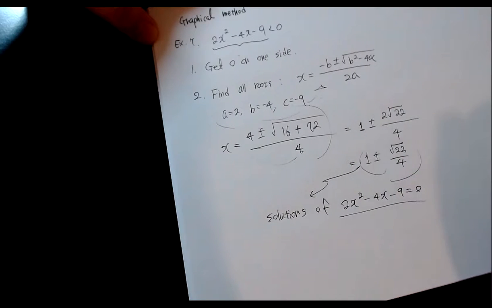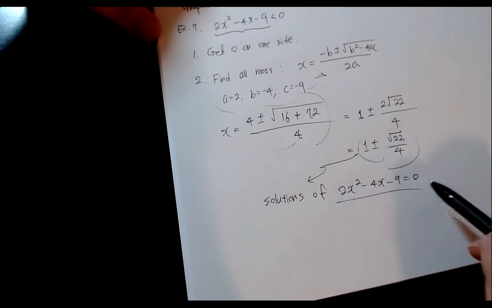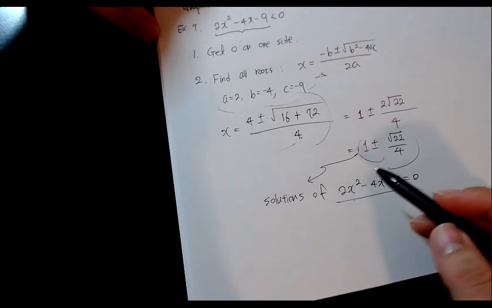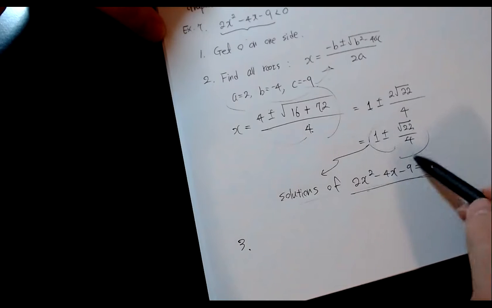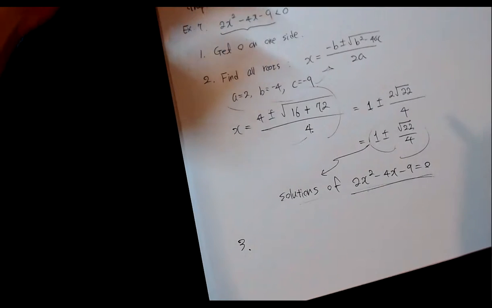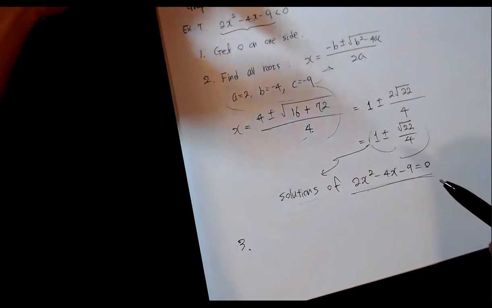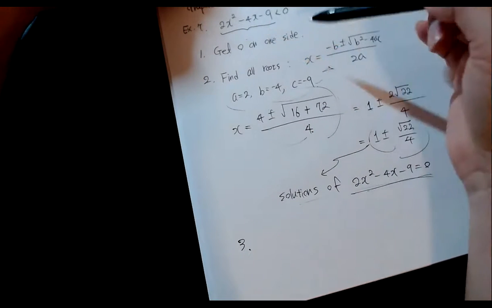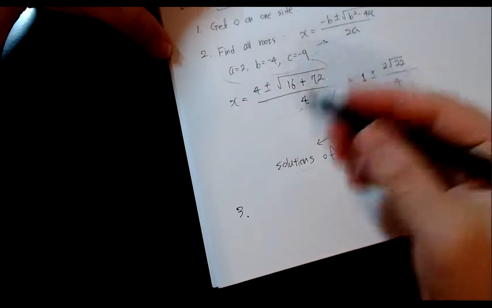Keep in mind this, and let me move to step 3. So these are solutions of the quadratic equation, or we can say roots of the quadratic polynomial 2x squared minus 4x minus 9. Now step 3 is graph the corresponding quadratic function.